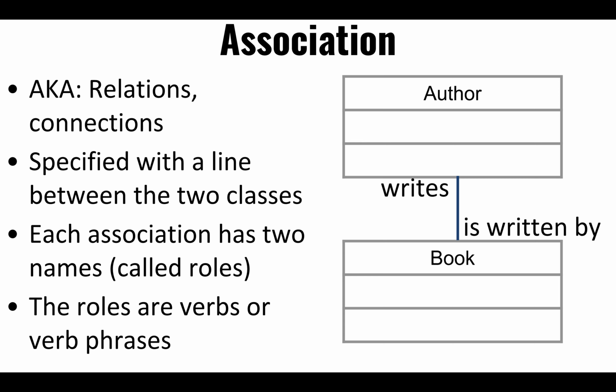You can read it as author writes book, or book is written by the author, or the author writes a book. Right? You can read it in both ways. It's very common for documenting what the relationship looks like and how you would reify it. If you reify this, then you might come up with an additional class or table that is called written by, right.